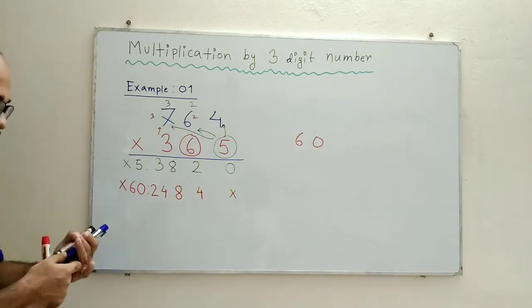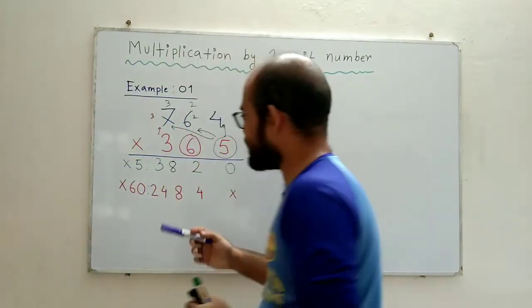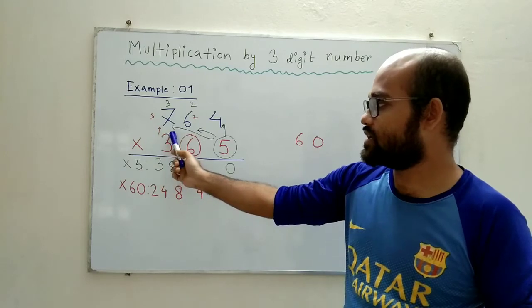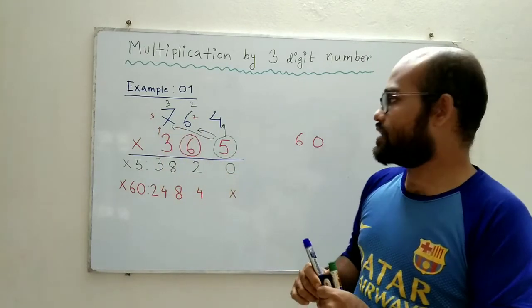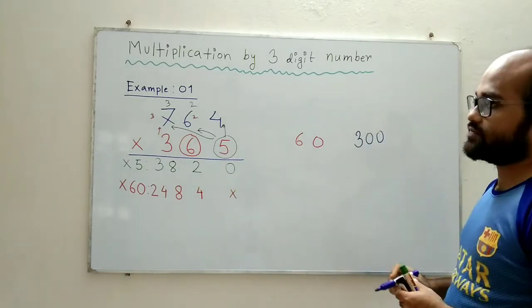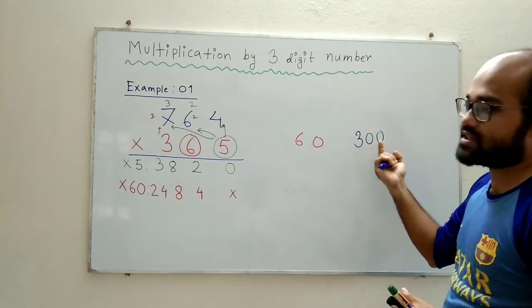Now, we have reached the final step. In the final step, what to do? We have to multiply 764 by 300. Now, if we look at 300, what do I find? It has a zero in the units place and a zero in the tens place.